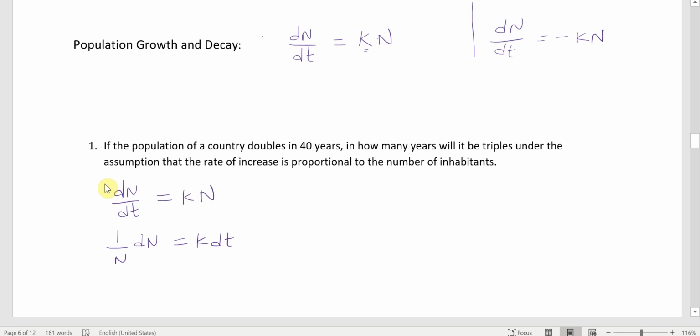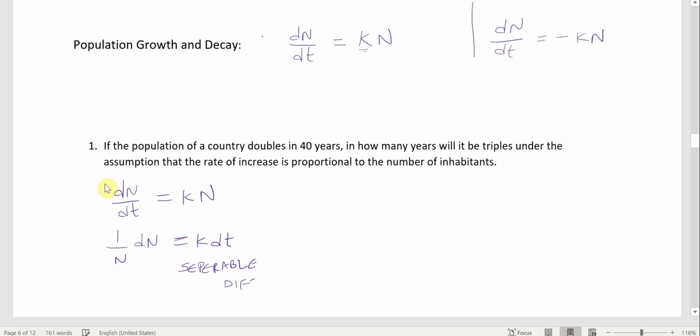So clearly this is a separable differential equation, as you see dn and n here, and dt here, and k is a constant, of course, because k is a proportionality constant. And we know how to solve a separable differential equation.